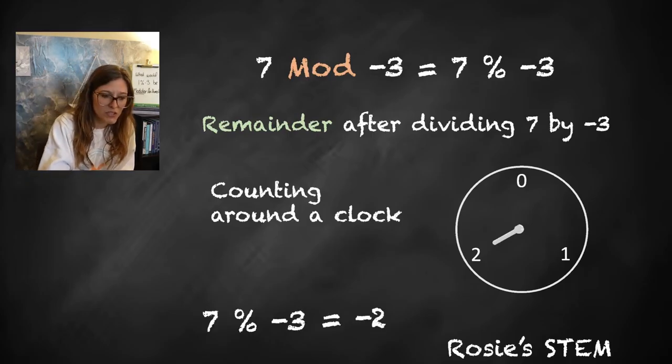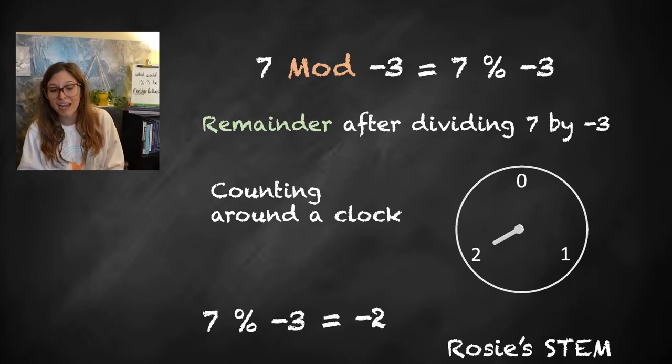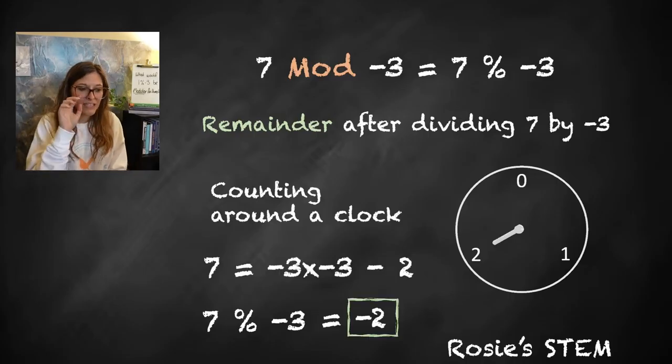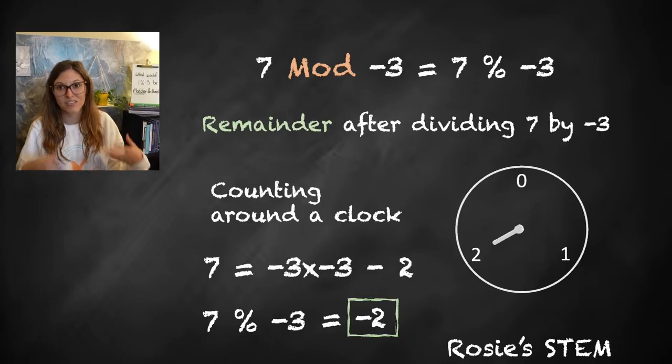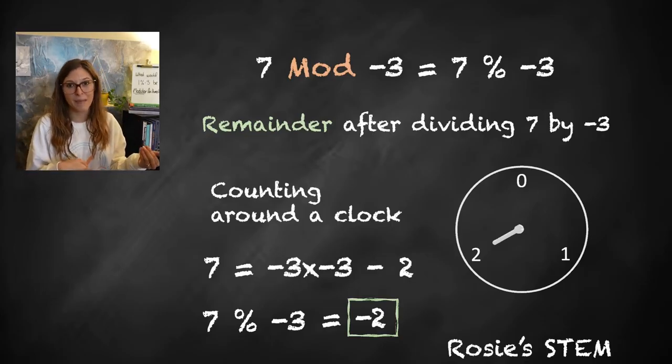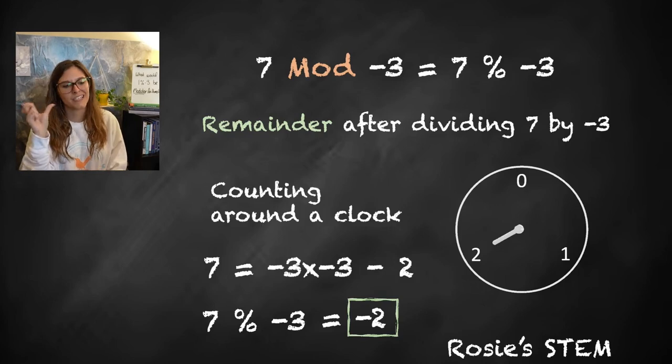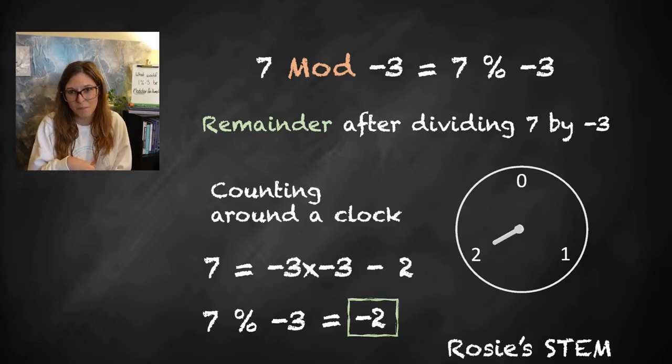It's actually going to give us -2. So in Python, 7 mod -3 is -2. Another way of thinking about this is -3 times -3 gives us 9, and then if we subtract 2, we end up at 7. So we can think of -2 as being the remainder when we divide by -3.